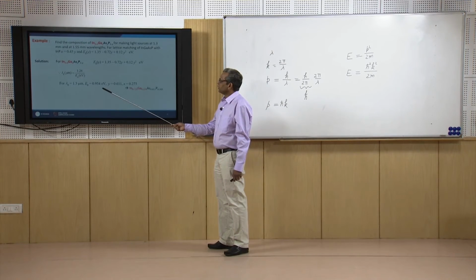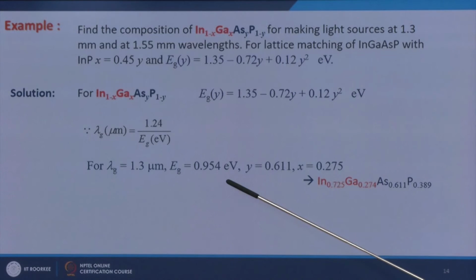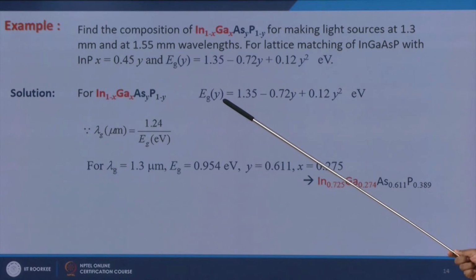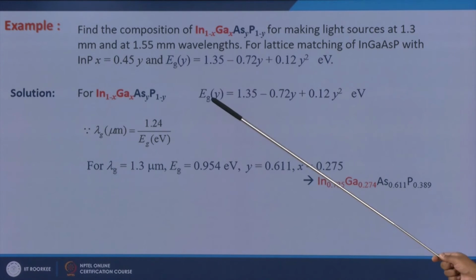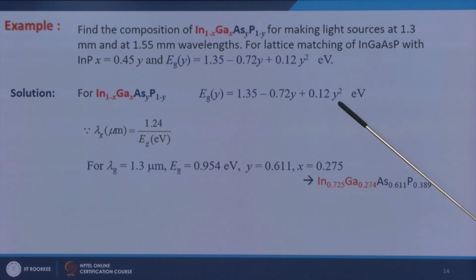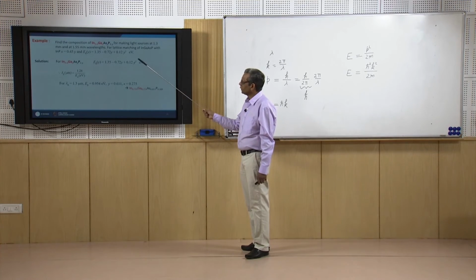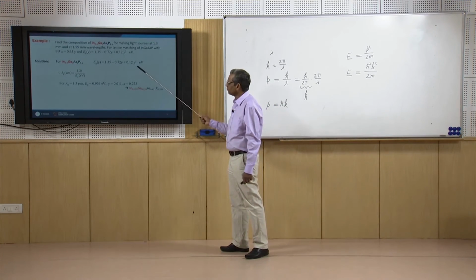This gives me Eg equal to 0.954 electron volt. If I put it back into this equation, this is a quadratic equation, I can solve it and get the values of Y. This will give you of course two values of Y, and you will have to discard the value which is larger than 1, because Y is a fraction, it cannot be greater than 1.